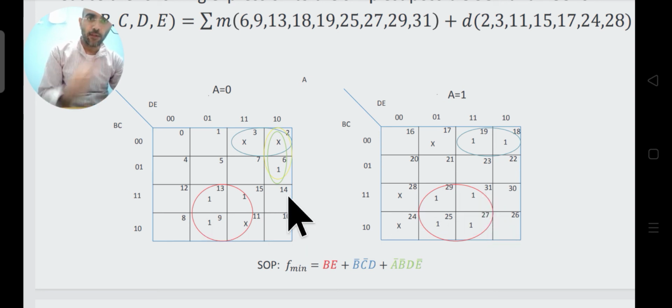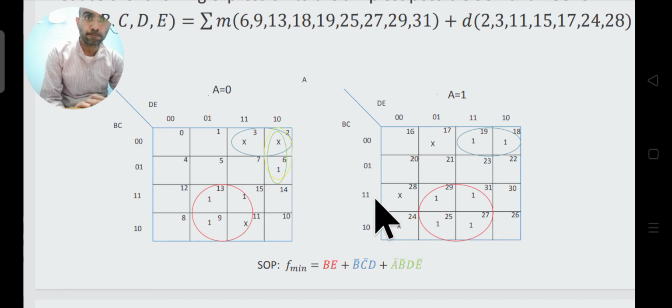Now we fill up the entries, whatever terms are available. So 6, 9, we have filled 6, 9, then 13, then 11 is not given here. Oh, sorry, 15. 15 is marked 1. There is a mistake in this question, I think.